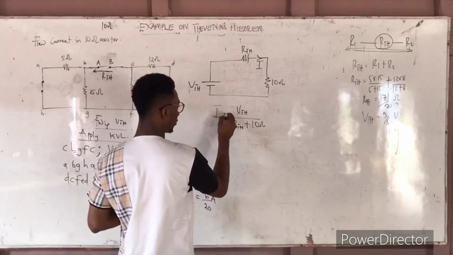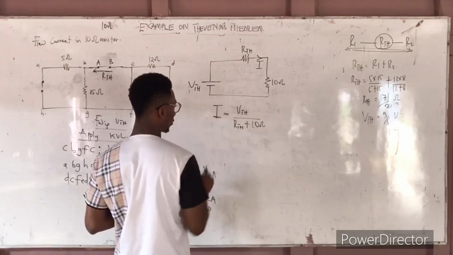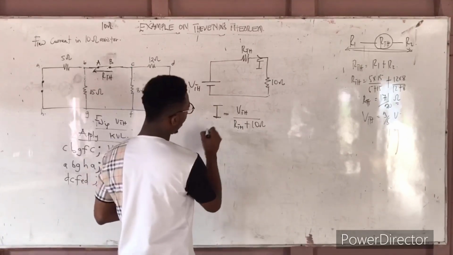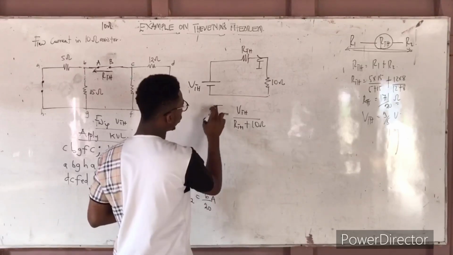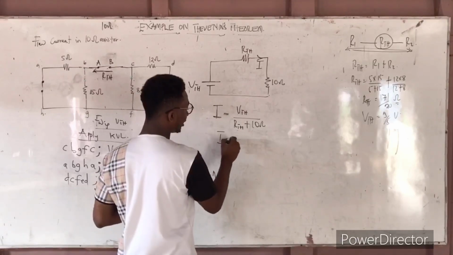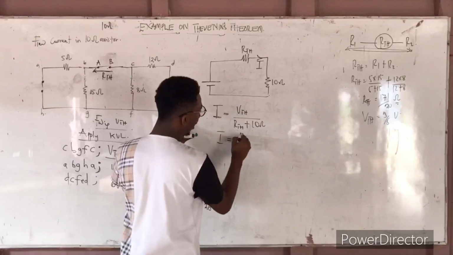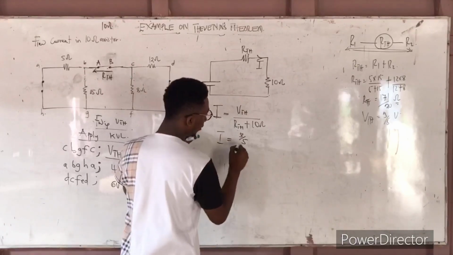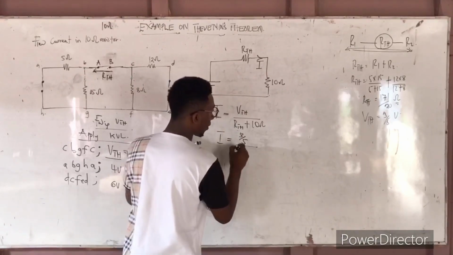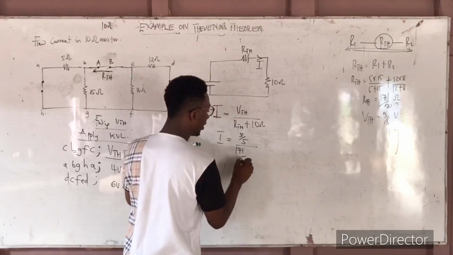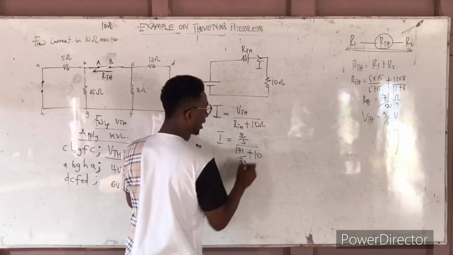Therefore I is equal to 3 on 5 divided by 171 on 20 plus 10 ohms.